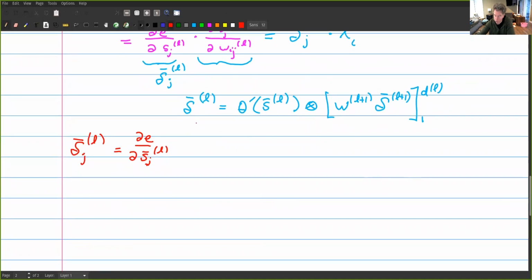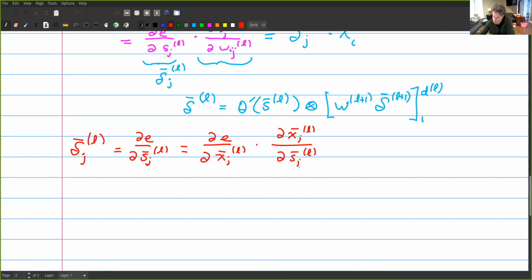So again, we can use the chain rule to write this as the derivative of E with respect to the output from node j in layer L, times the derivative of x_j^L with respect to S_j^L.